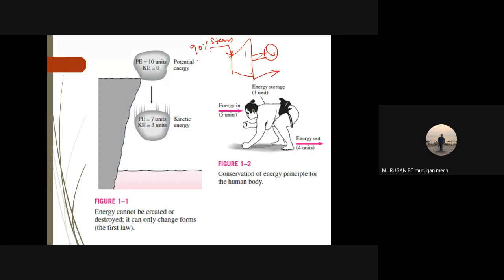So can we expect the same 90% steam in this turbine? இது வந்து inlet. இது வந்து outlet. Can we get the same 90% steam in the outlet? No, sir. No. Okay.